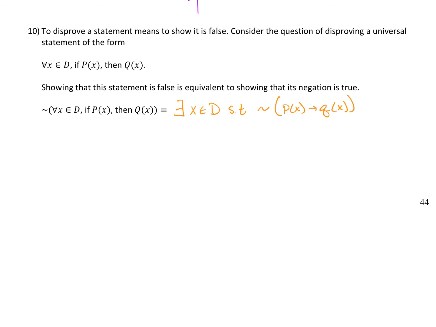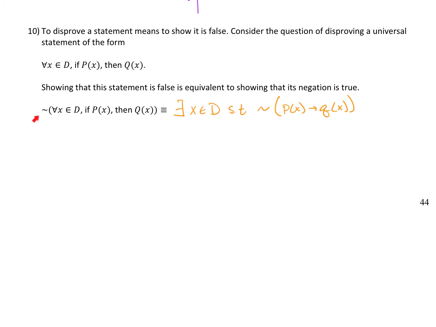Right? So I'm thinking about this negative sort of like distributing. I'm saying distribute to here, and the for every becomes a there exists. And then I'm putting a not on the conditional statement, if P of x, then Q of x. So I'm just putting a not in front of that.